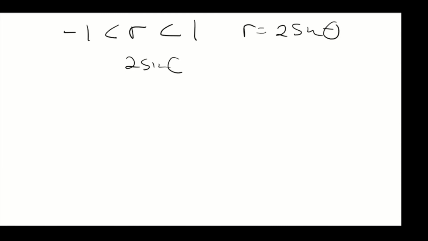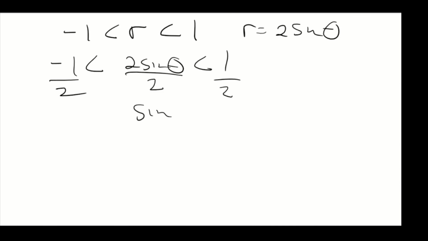So we're going to say 2 sine of theta lies between -1 and 1. Then we divide by 2 on both sides. We remain with sine of theta lying between -1 over 2 and 1 over 2.